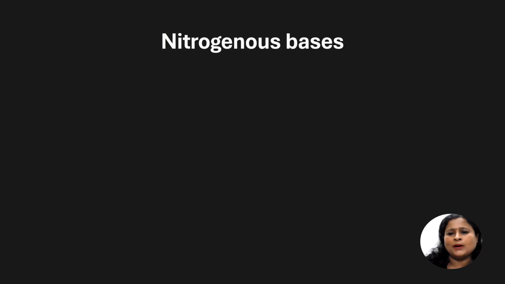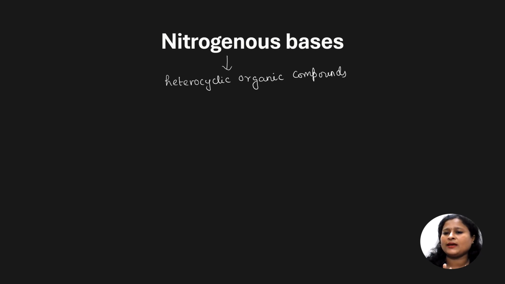Let's now talk about the second component of nucleotides, that is nitrogenous base. Now, nitrogenous bases are a group of heterocyclic organic compounds. So, what is the meaning of heterocyclic organic compound?